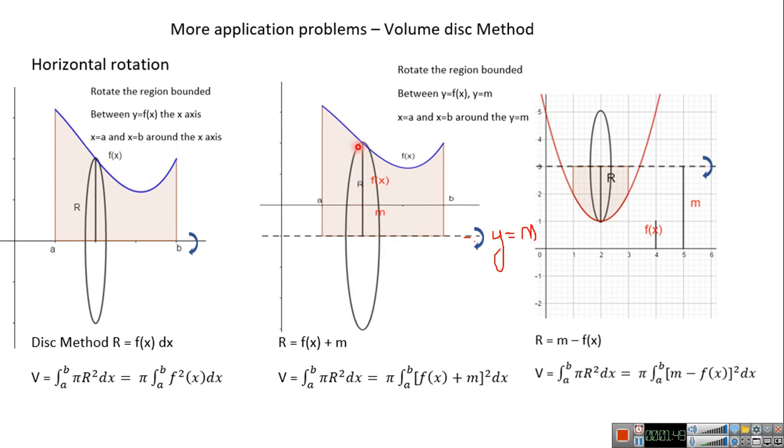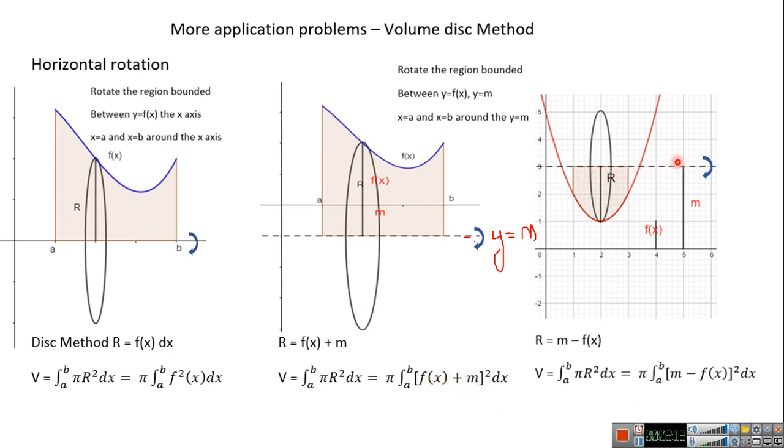So what is this r, guys? From here till here you have m, and from here till here you have the function, because from the x-axis the function is f. So r is nothing else than m plus f of x. So the volume will be from A till B, integral of f of x plus m, all squared.